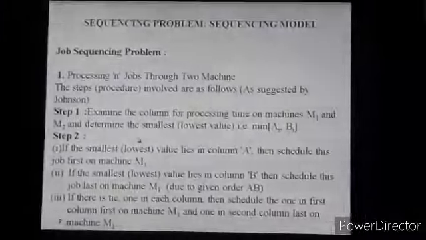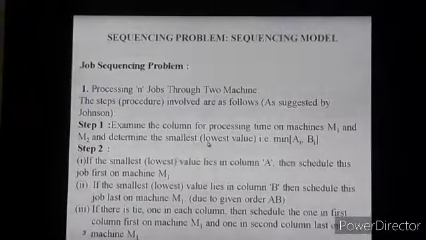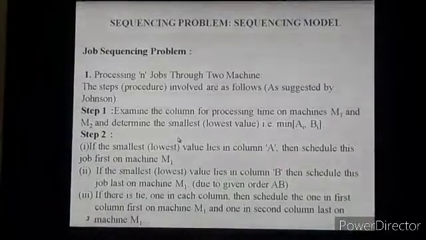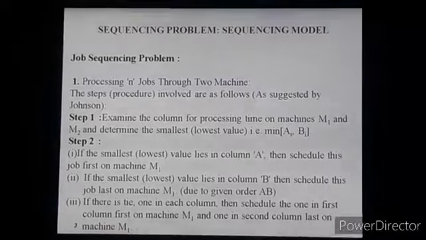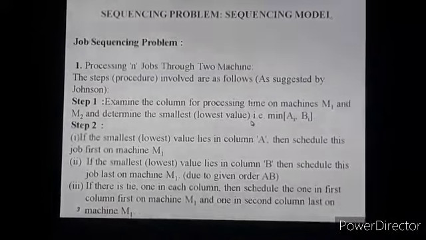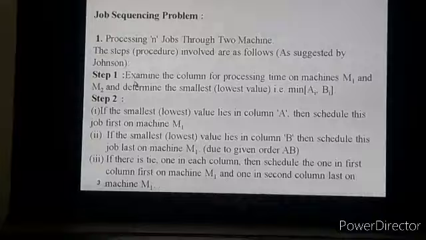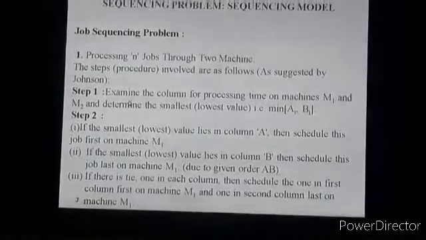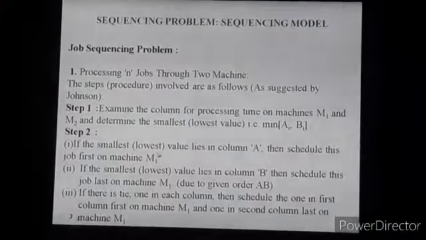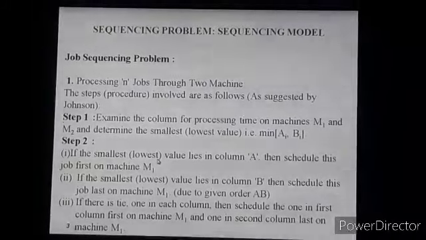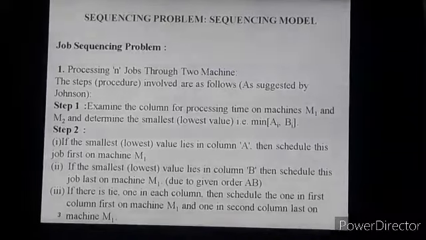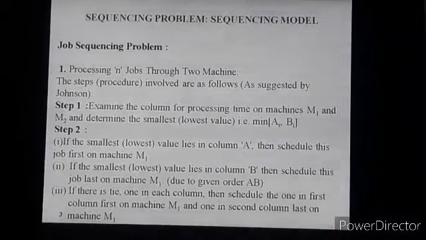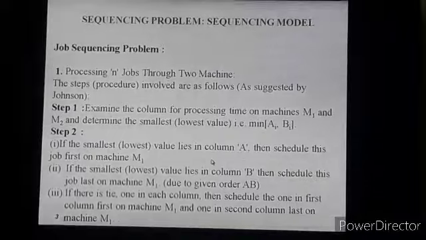Accordingly we have to observe column A for machine M1 and column B for machine M2 to decide which is the smallest time out of these two machine times. So first we will follow the steps, then with respect to these steps we will find the optimum sequence, and with respect to that we will find the optimum time as well as the idle time for the respective machines as well as the persons working on that machine.